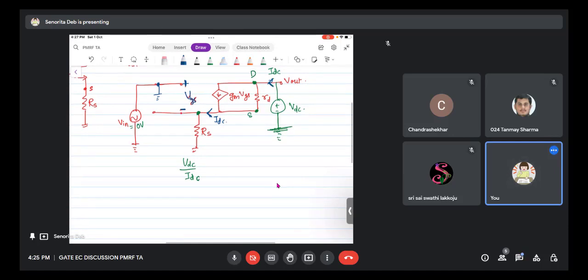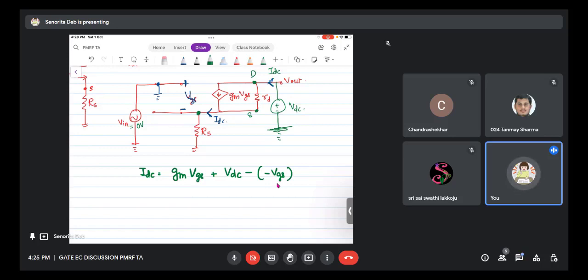Let's have one KCL at node D. KCL at node D will be IDC equals GM VGS plus VDC minus of minus VGS. Is this fine? Please let me know.